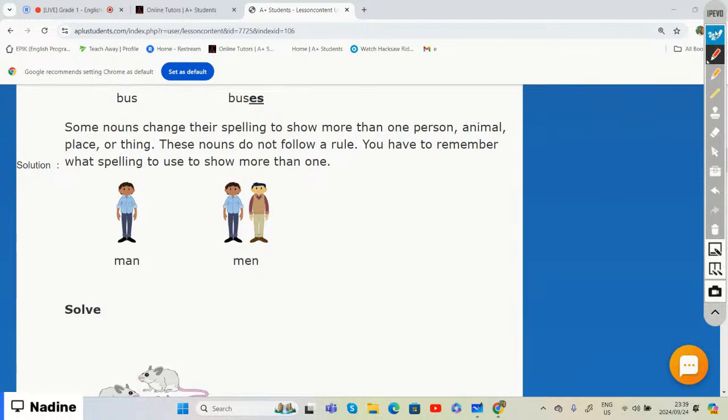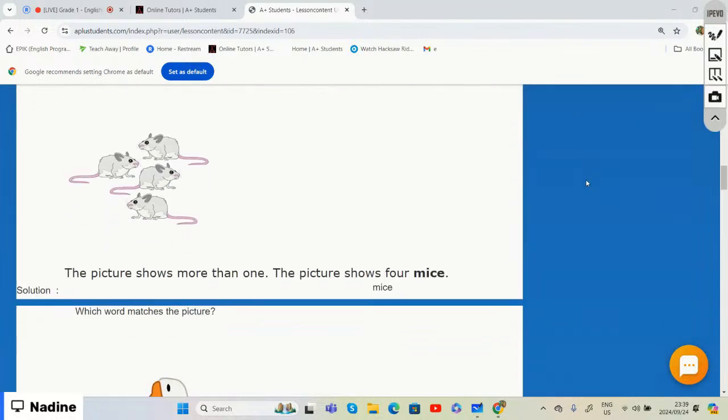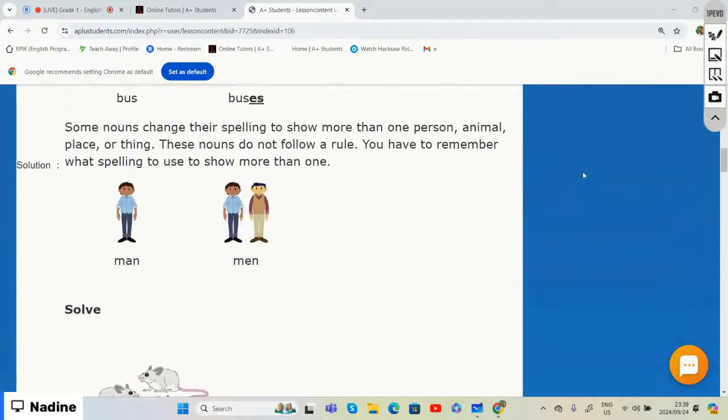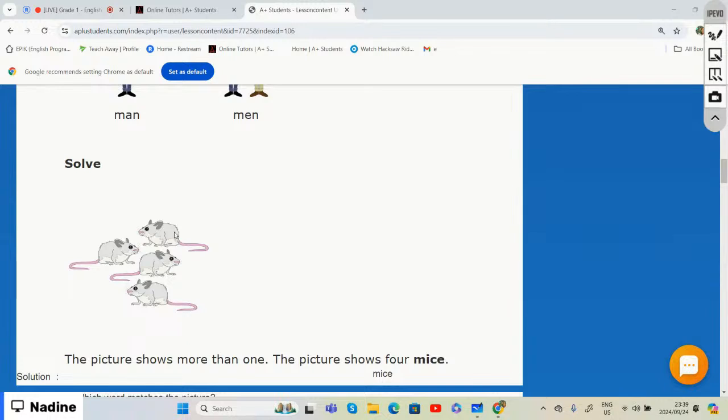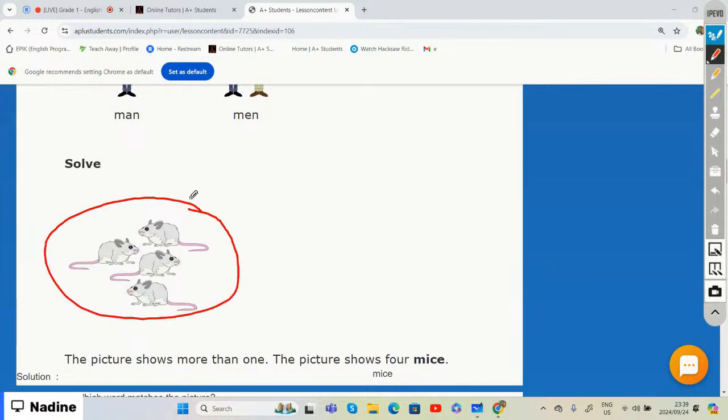So now we're going to look at the pictures and then we're going to say what the words are. Look at these pictures. Not even three, it's four. If you look at one of it, one mouse.